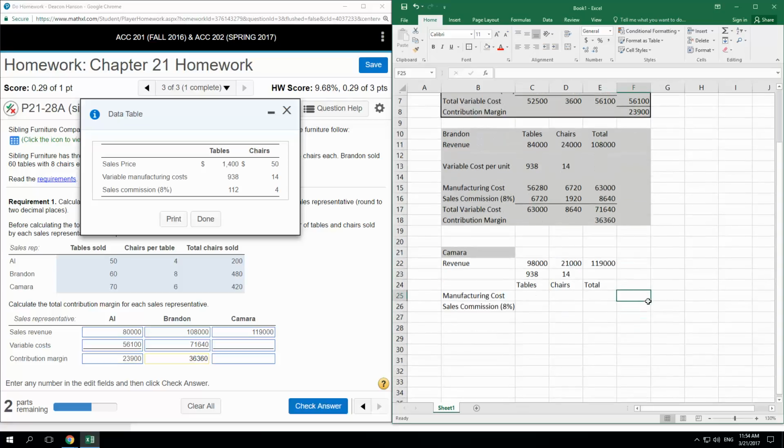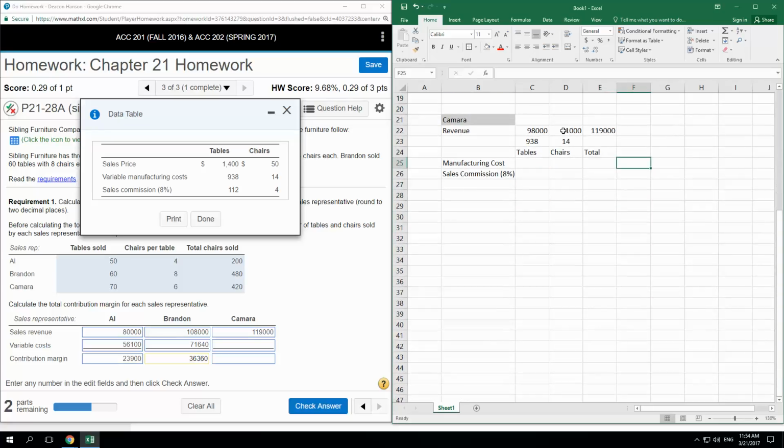Then we go through the drill of figuring out the variable costs. So manufacturing costs will be her 70 tables times $938 per table. For chairs, it'll be her 420 chairs times $14 per chair.